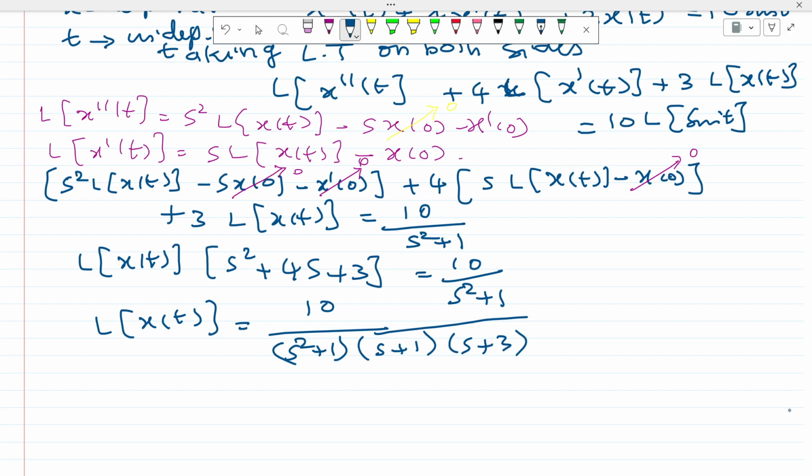No, partial fraction method. Different, na? Okay, we can solve this now.